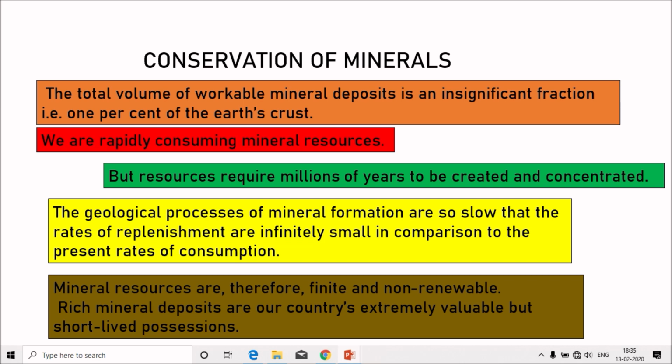Because we are consuming them rapidly and it takes millions of years to get recreated. And the other factor is that the resources we have are finite and non-renewable, and our country's extremely valuable rich mineral deposits are short-lived possessions. We need to keep all these points in mind and conserve our minerals.